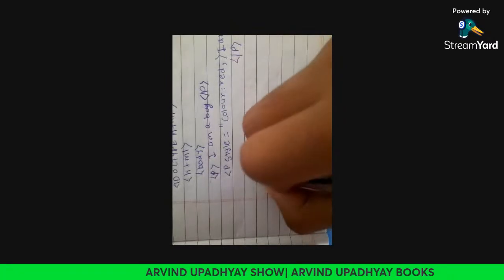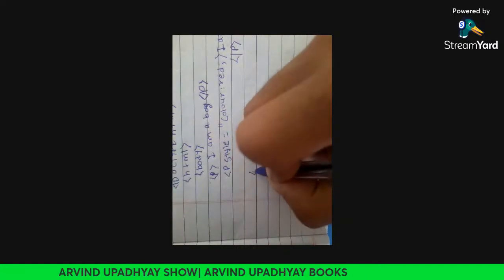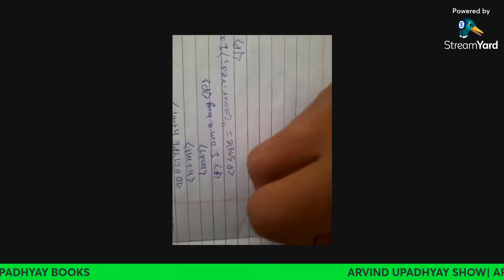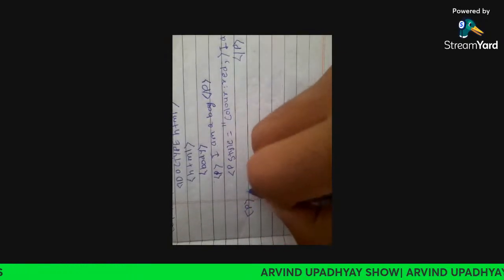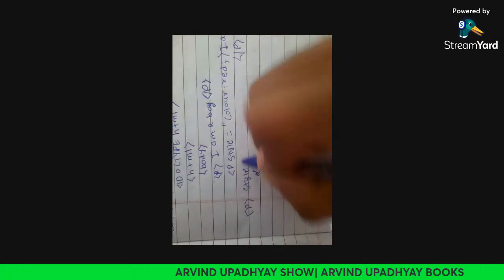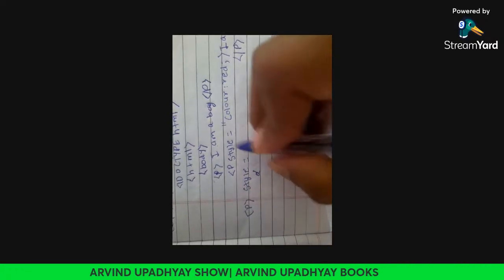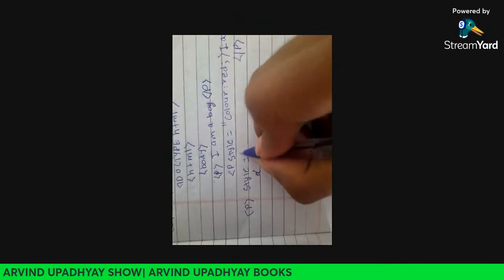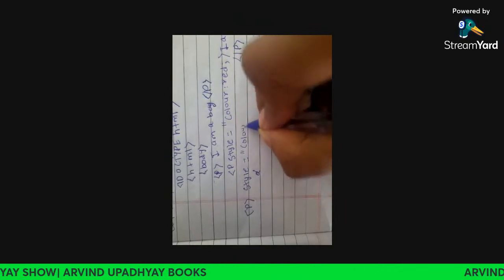You can do the same again. I am having less space, so I'm writing here: paragraph, and then style, and then equal to, in the color you want to make it blue.